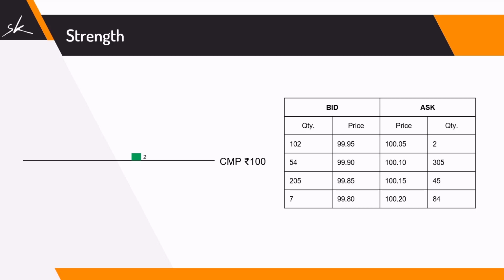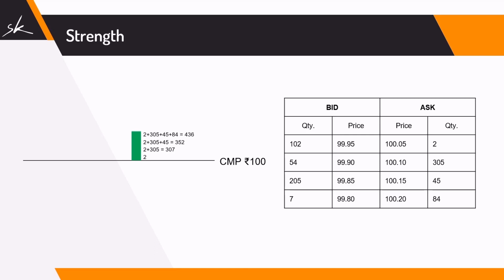Therefore, if I want to buy more shares, I will have to increase my buy price, or in other words, have to buy expensive. If I buy 10 paise expensive from the current market price, I can get 2 plus 305, which is 307 shares. If I buy 15 paise expensive, I can get 2 plus 305 plus 45, which is 352 shares.